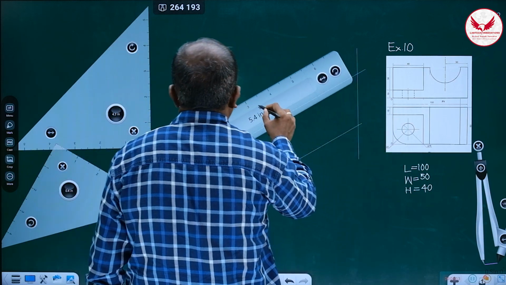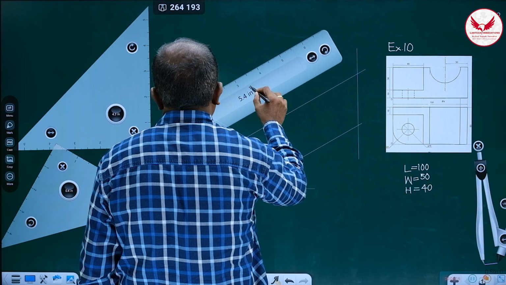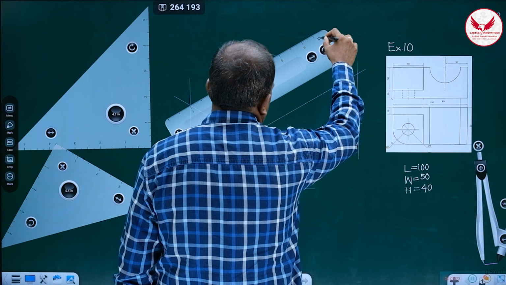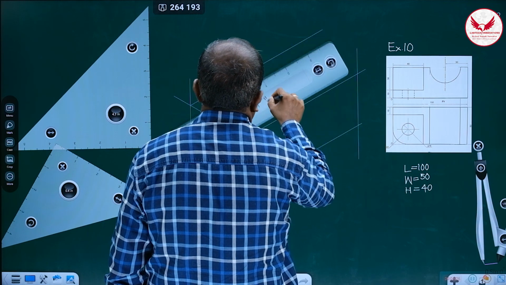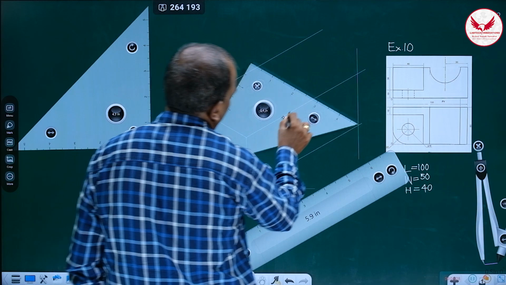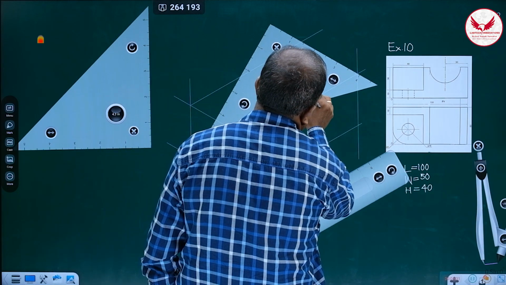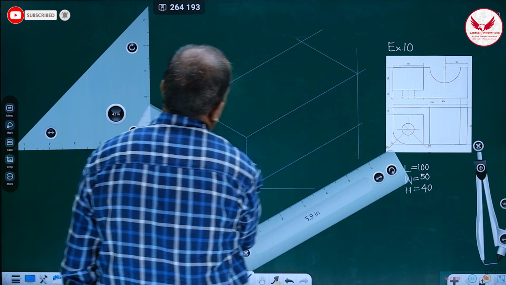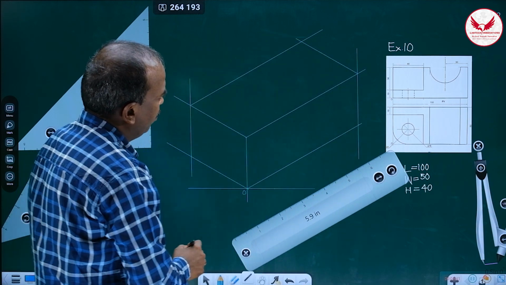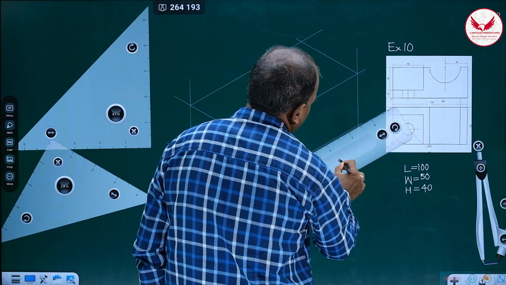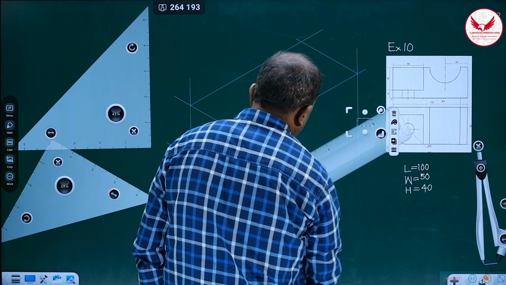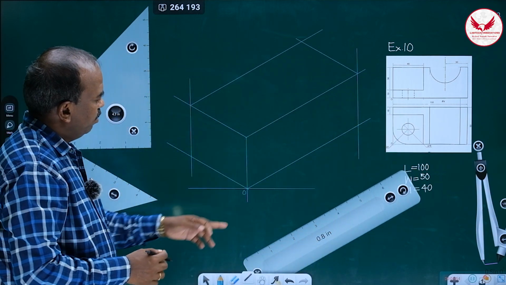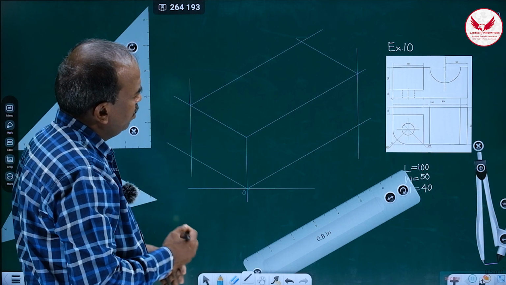Immediately we can mark this line parallel to the length and parallel to the width from this intersection. This is the isometric box, a perfect isometric box having length 100, width 50 and height 40.